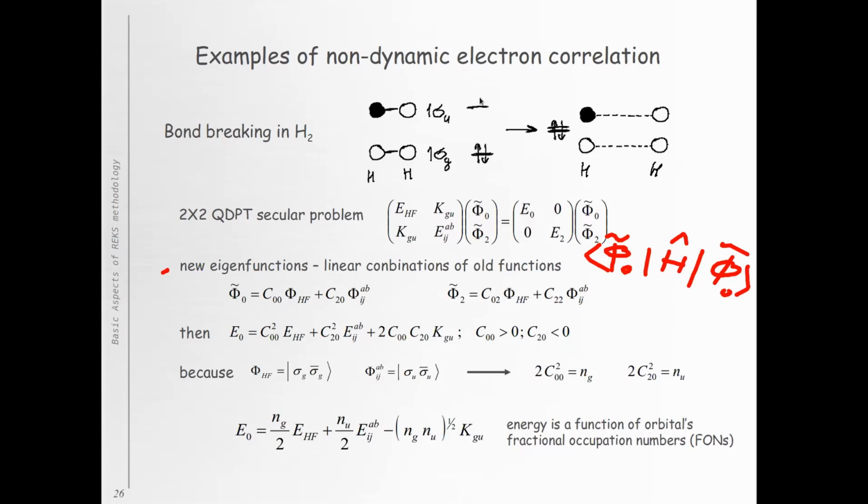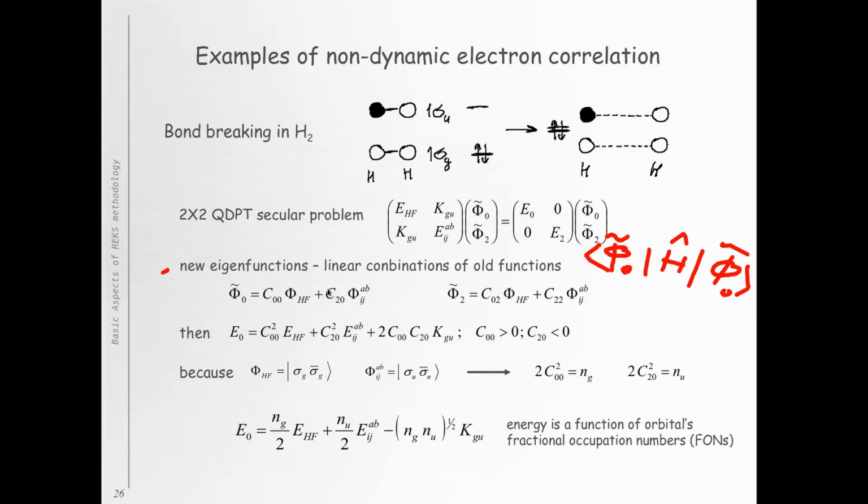This is in some way a model description, right? But I can always introduce such a concept as fractional occupation numbers of the respective orbitals. And in this simple two-configurational wave function, they will be given by the squares of the coefficients of these configurations in the wave function.